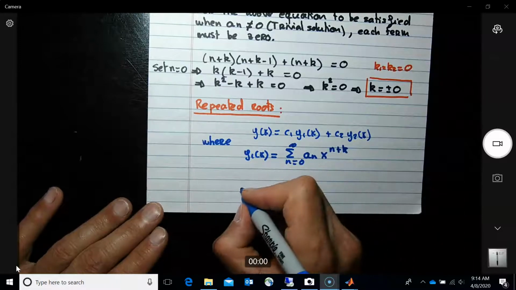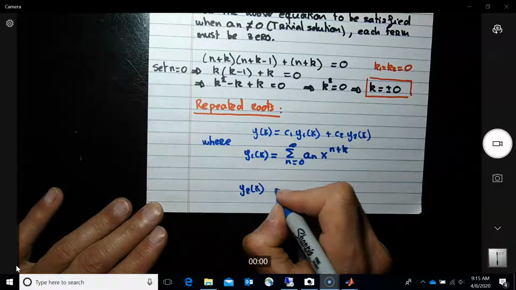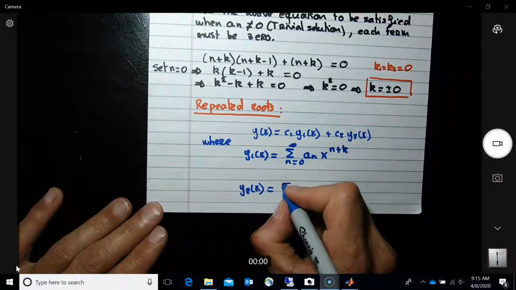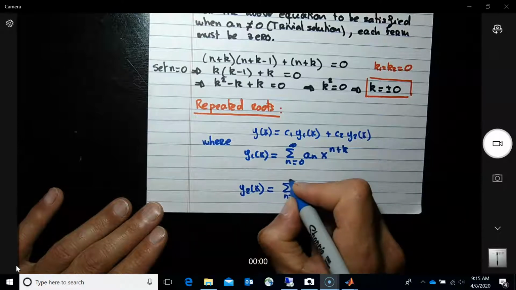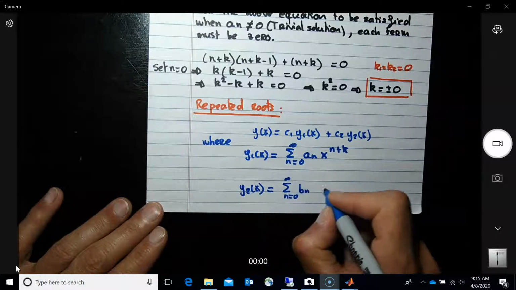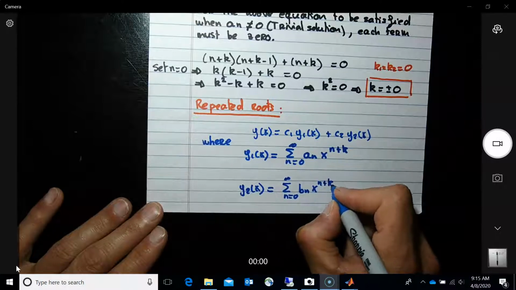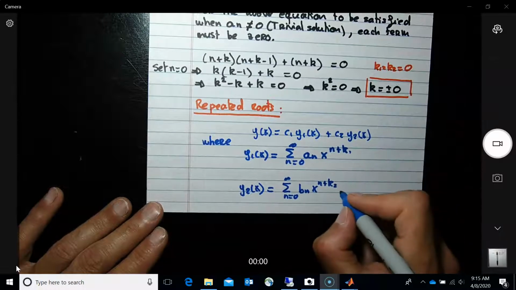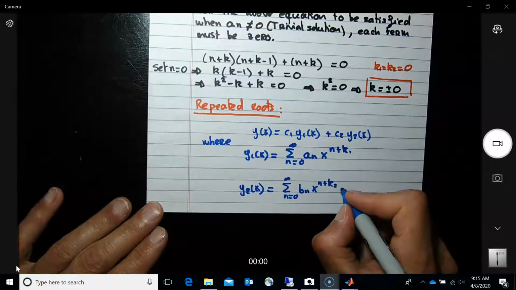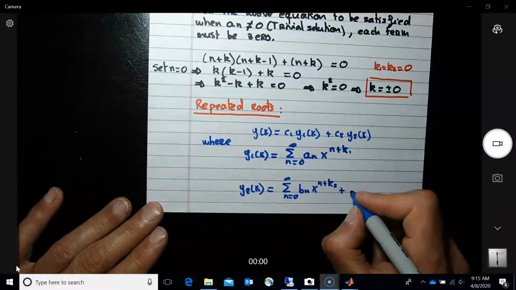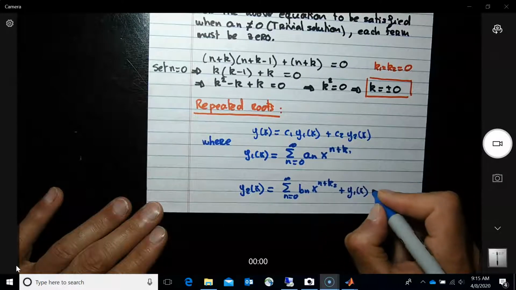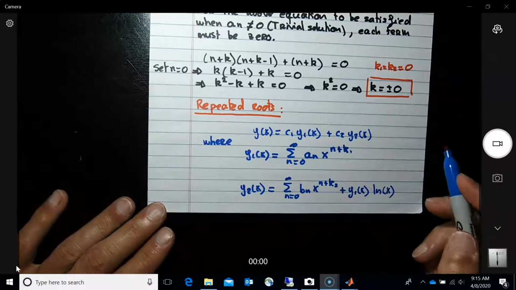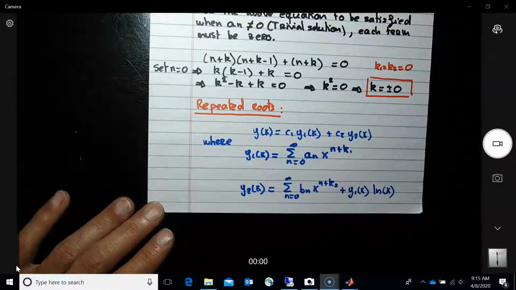But now the difference will be y2 of x, since it's repeated, will be equal to the same one over here, but it needs to be with different coefficients. So let's say we call them b sub n, x to the n plus k. This would be k1, this would be k2, but they're both 0. And now you cannot add the same solution, so it would be plus y1 of x log of x.